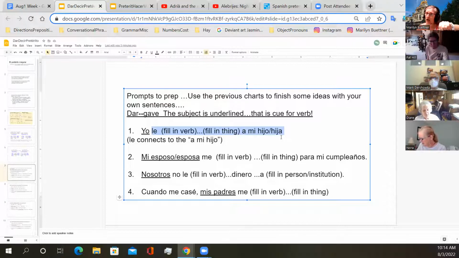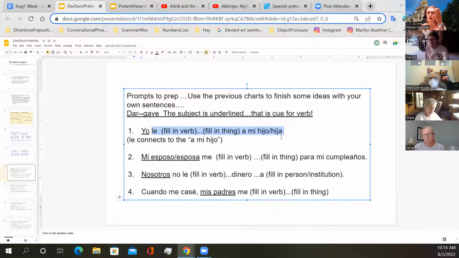It will sound odd to somebody. They're going to skip a beat and think harder. If a native speaker hears you say, yo di una carta a mi hijo, they're going to stop a beat and think because it's not natural for them to omit the word le.